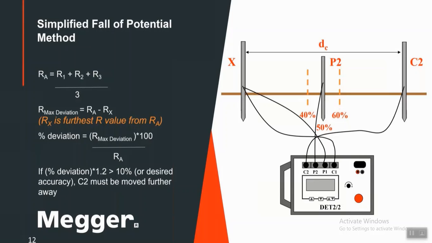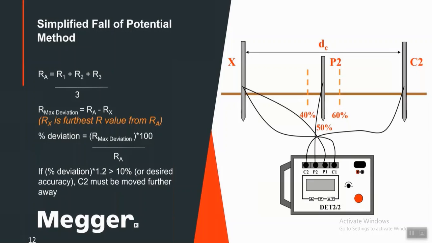Then you also need to determine the maximum deviation from the average, by finding the greatest difference between an individual reading and the average. The individual reading here is R1, because we want to use this as the actual measurement. So you see the deviation between R1 and RA, the average resistance.